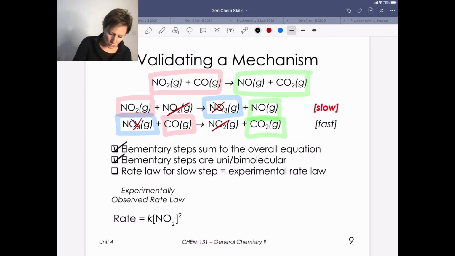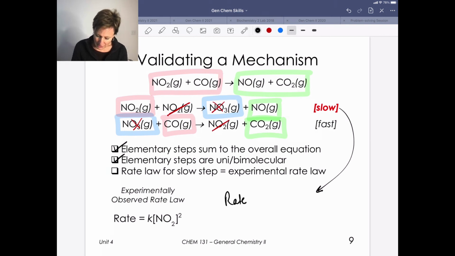So let's go ahead and write what the rate law is for our slow step. Remember, if it's an elementary reaction, I can write the rate law using the coefficients. So the rate law is going to be equal to the rate constant times the concentration of NO2 raised to a power that is the coefficient from the balanced chemical equation.